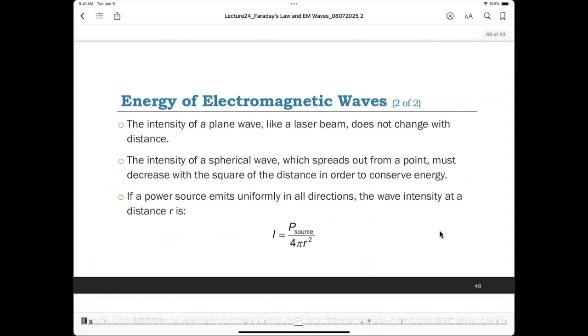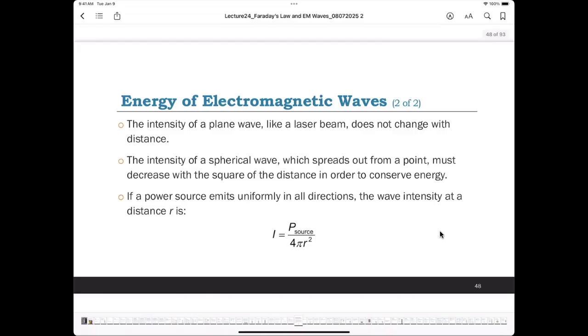The intensity of a plane wave, like a laser beam, does not change with distance. The intensity of a spherical wave, which spreads out from a point, must decrease with the square of the distance in order to conserve energy.